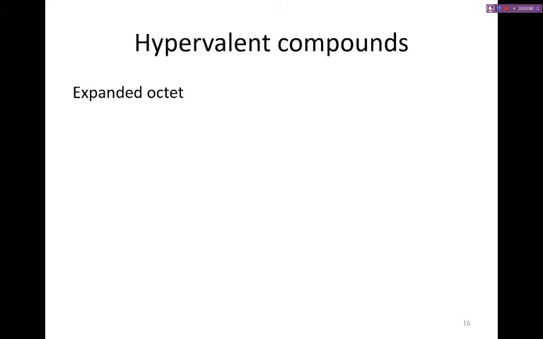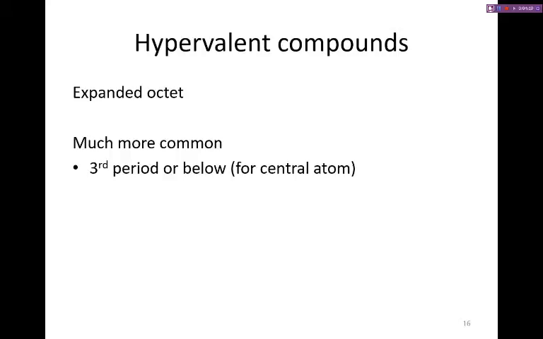The third category is much more common for what you'll see in Chem 110, and this is hypervalent compounds. These are compounds with an expanded octet. There are two main criteria that you need in order for it to occur. First is that the central atom must be in the third period or below.